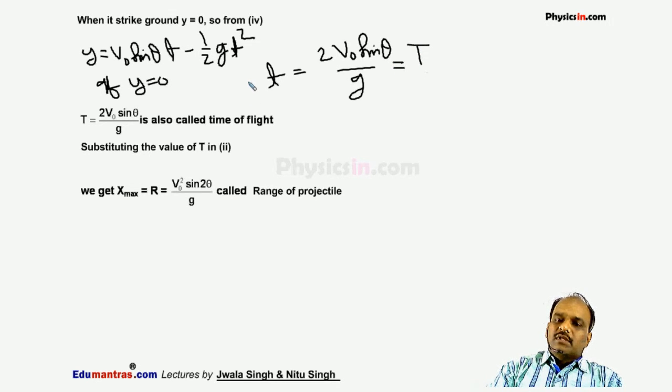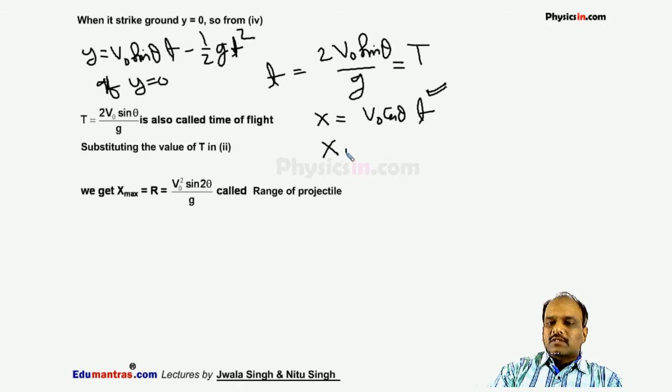Time of flight means the total time for which the particle is in motion, the particle is in air. This is t, that is equal to 2 v naught sine theta by g. If I substitute the value of t in the expression x equal to v naught cos theta into t, it will give me the total x covered by the body, and the total x traveled by the body is also called range.